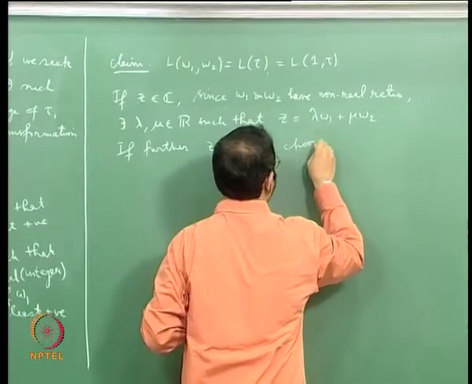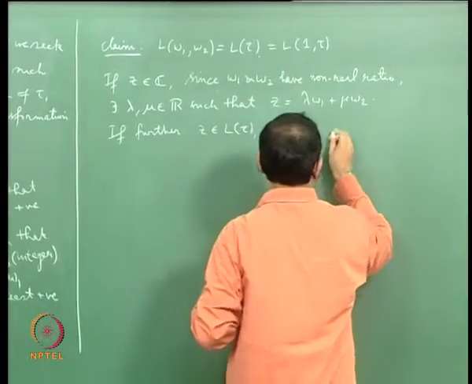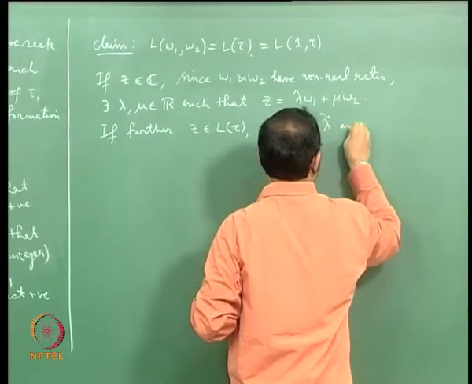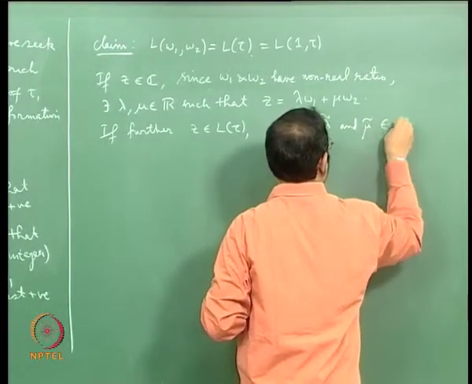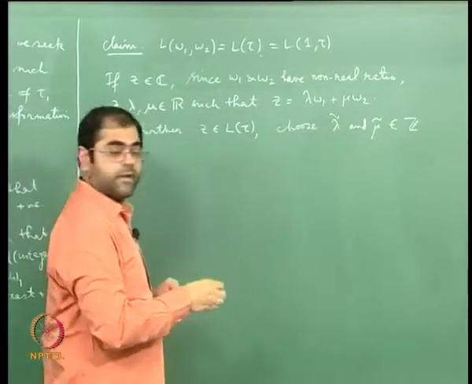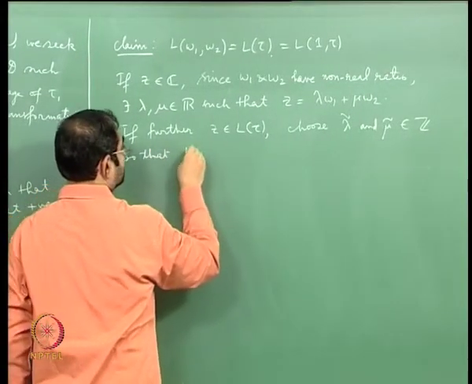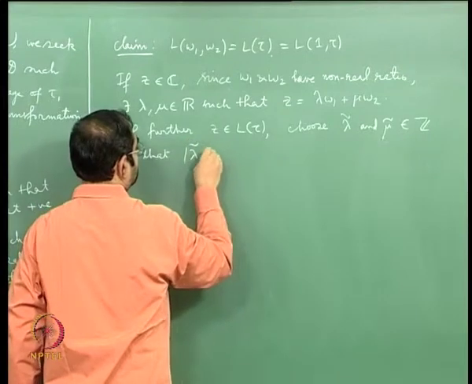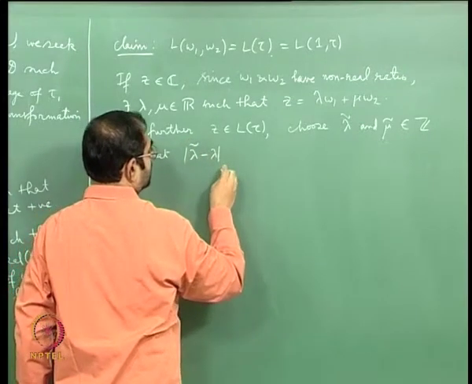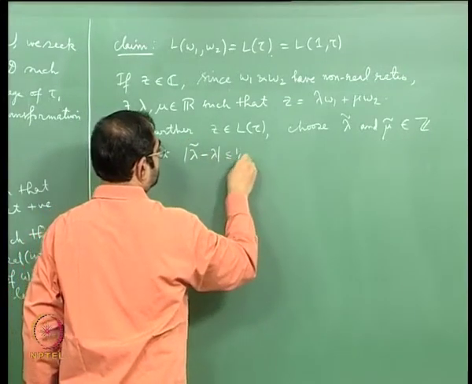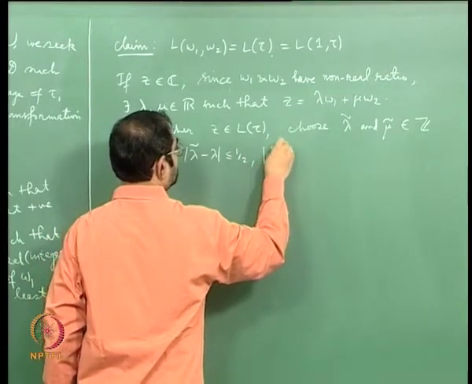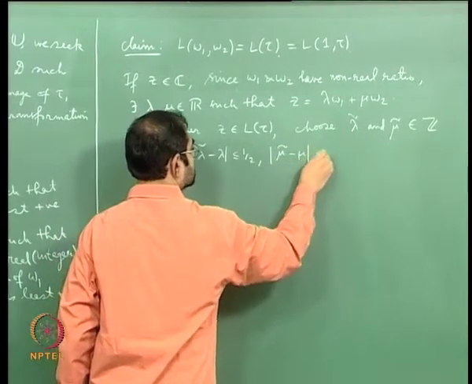Choose lambda tilde and mu tilde integers so that the distance between lambda tilde and lambda is less than or equal to half, and the distance between mu tilde and mu is less than or equal to half.